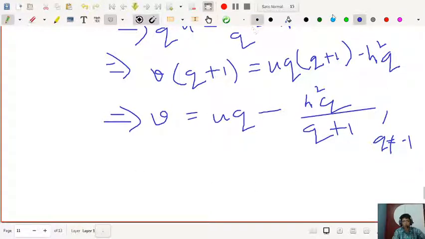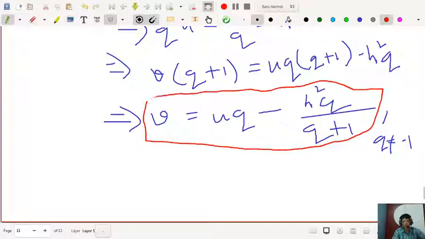Okay, so look at that. This is your Clairaut's form. The final line is your Clairaut's form: v is equal to uq minus a square q by q plus 1, q not equal to minus 1. So this is the Clairaut's equation in u, v and q, because u is your x square, v is your y square.